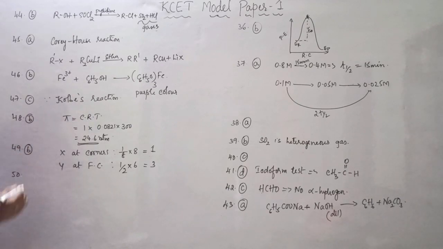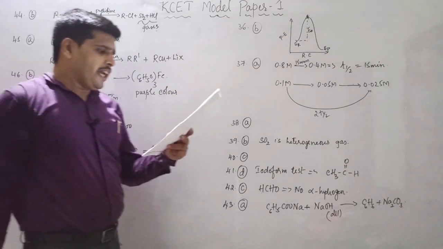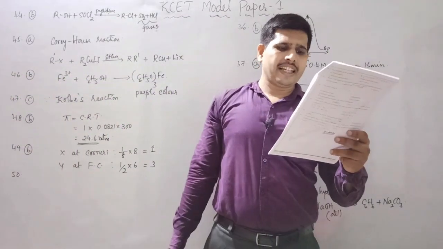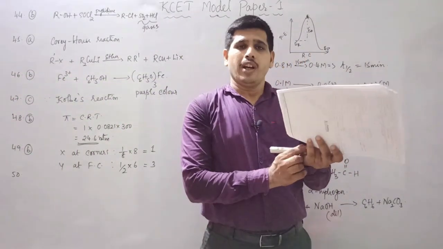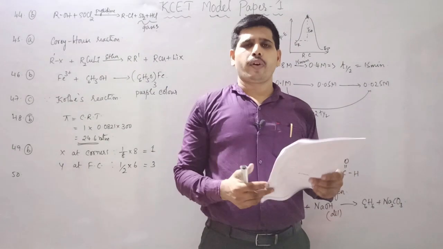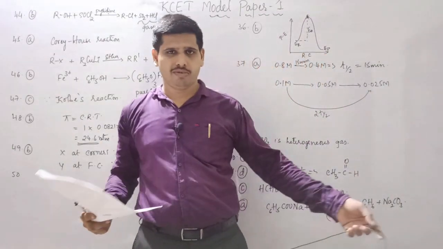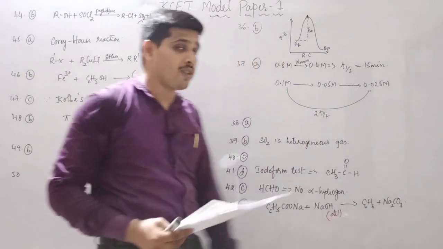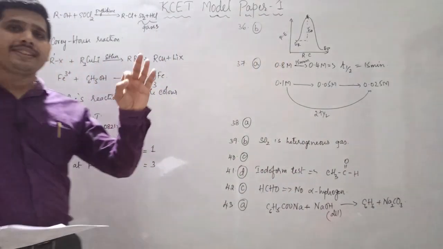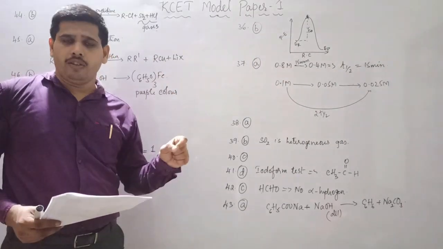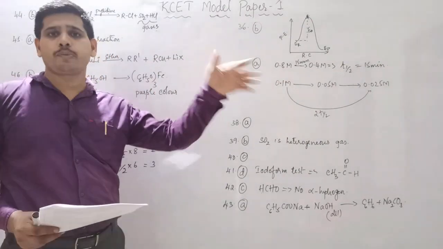Next, 50th one. For an atom A, which of the following is correct with respect to the radius? You are supposed to remember two important statements. We call it a golden statement in the periodicity chapter, classification of elements and periodicity. Size of anion is always larger than its parent atom.